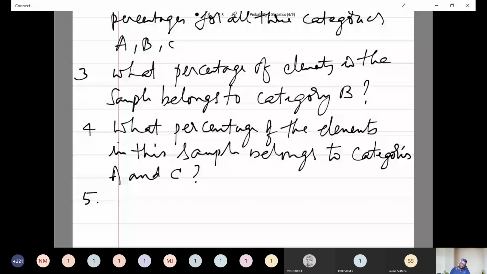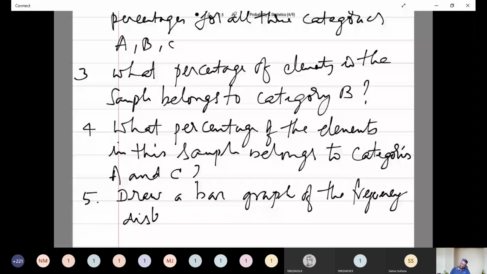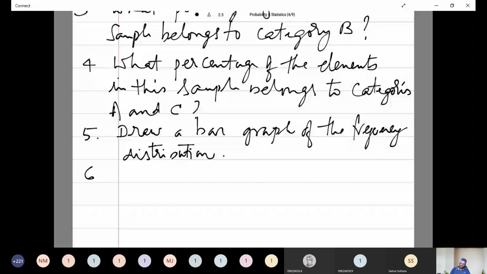Draw a bar graph of the frequency distribution. Number 6. Draw a pie chart for the percentage distribution.